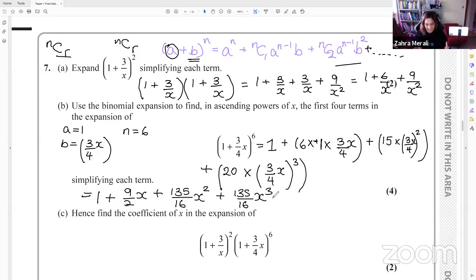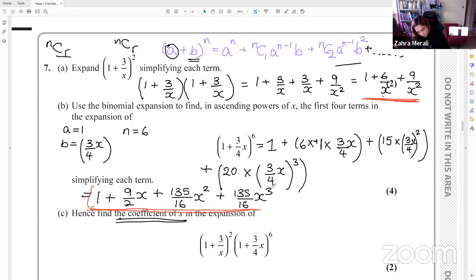Okay, so now you've got to find the coefficient of x when you multiply these two things together. So this one and this one. So if we notice, in this one, the x's are on the bottom. In this one, the x's are on the top.